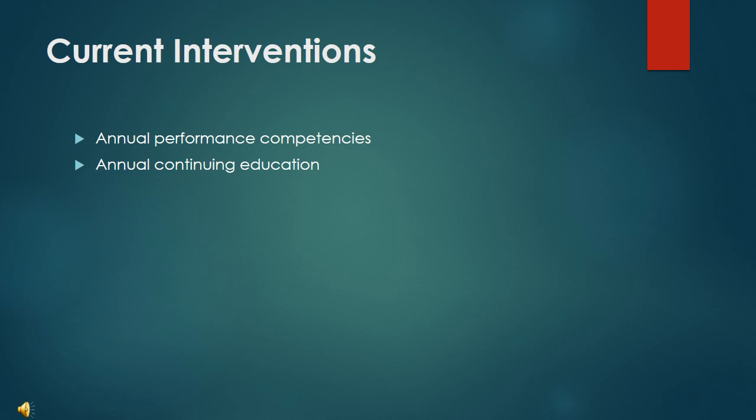These are actual competencies that we must be checked off on by one of the preceptors or by one of the charge nurses to show that we're performing appropriately. The use of standard precautions is included in both of these, both the continuing education and the annual competencies.